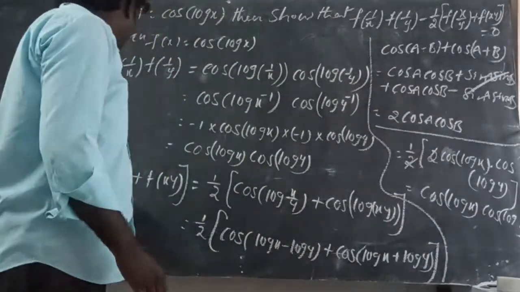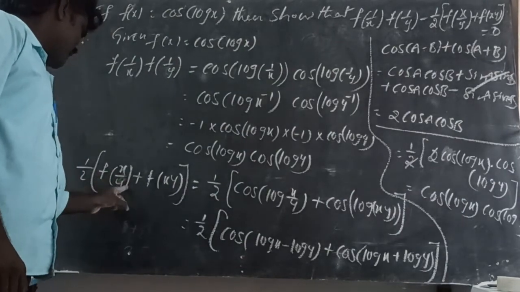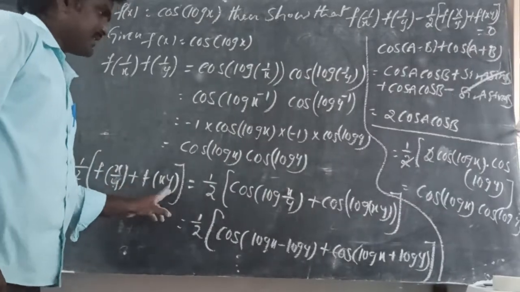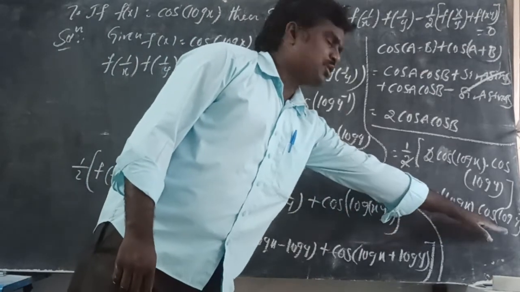So 1/2 [f(x/y) + f(xy)] = cos log x cos log y.